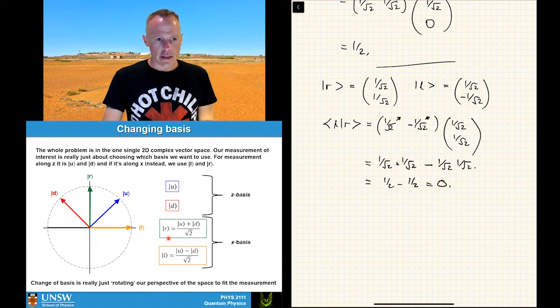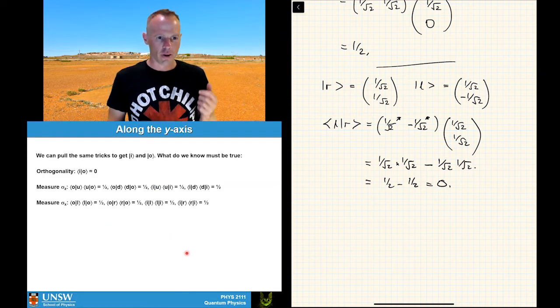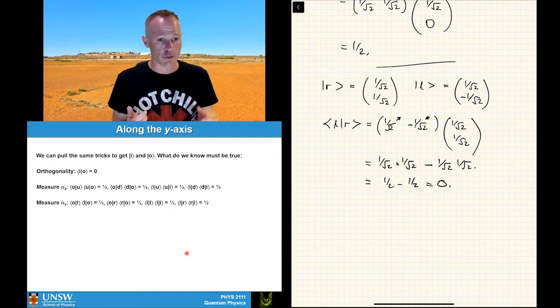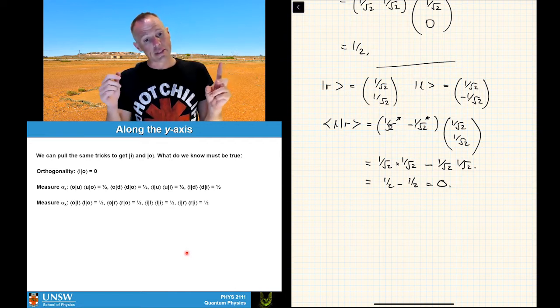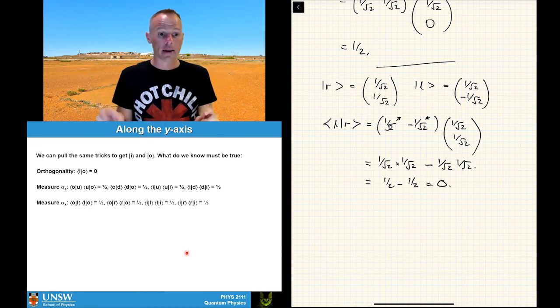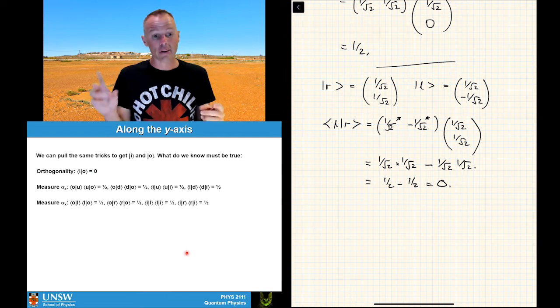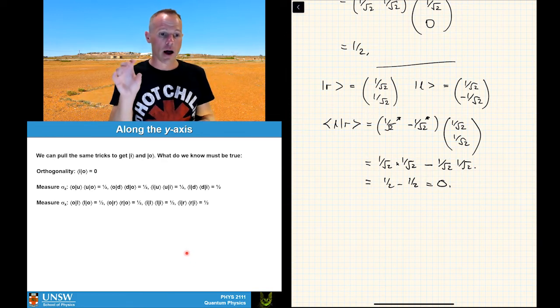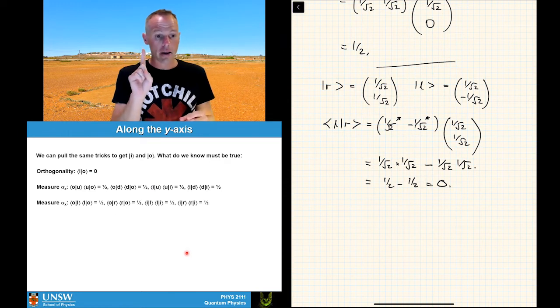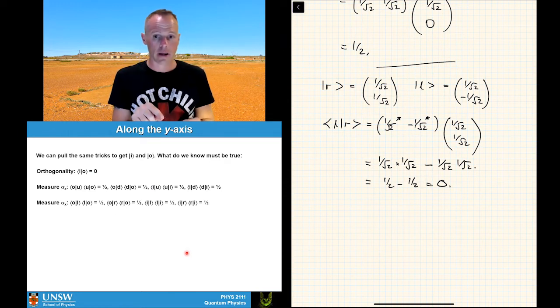Okay. The place where this gets interesting is if you now start to think along the y-axis, and you can actually run the same line of logic as we did for getting from up and down to left and right, and the same logic you could use to go back again from left and right to up and down, to build yourself out into a basis of in and out, okay?